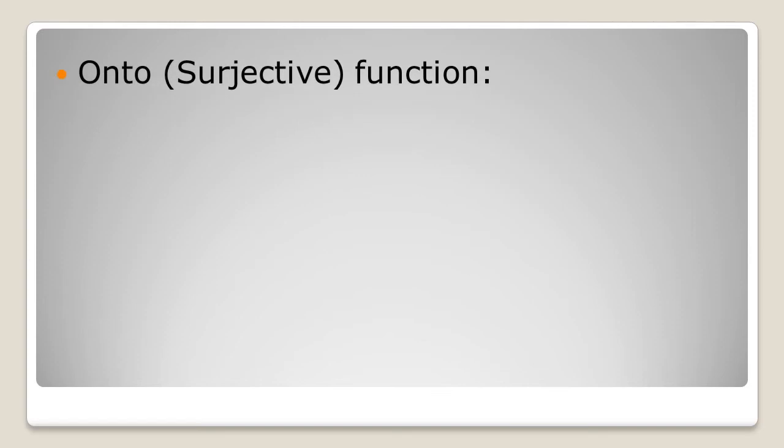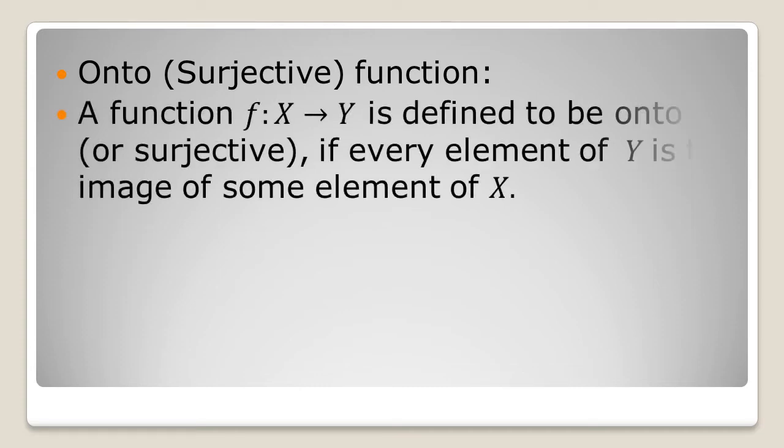We may proceed to the next one. It is called an onto function, or surjective. A function f from a set x to a set y is defined to be onto if every element of y is the image of some element of x.